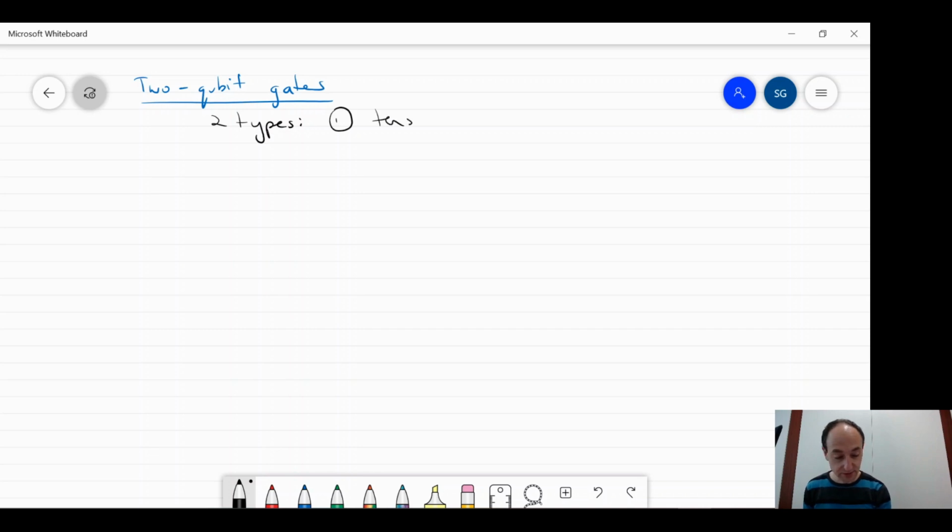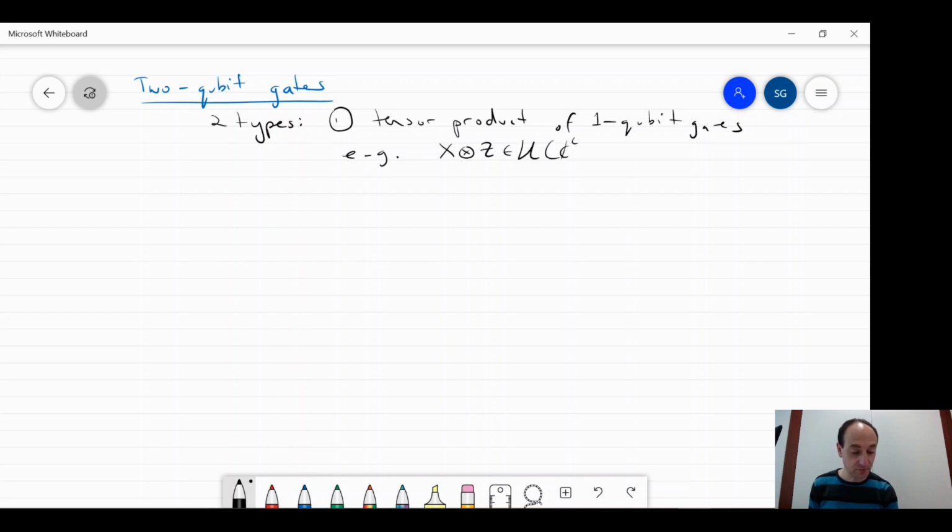Okay, so a tensor product of 1-qubit gates. For example, you could do something like X tensor Z. That's going to now be a unitary operator acting on C^4. And the generic formula for this goes exactly as you think.